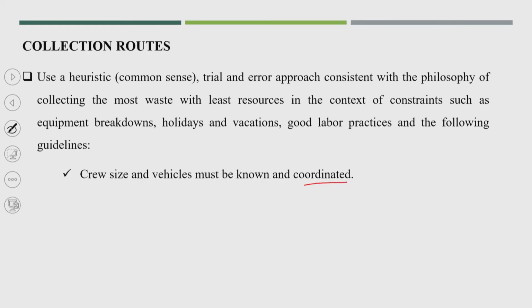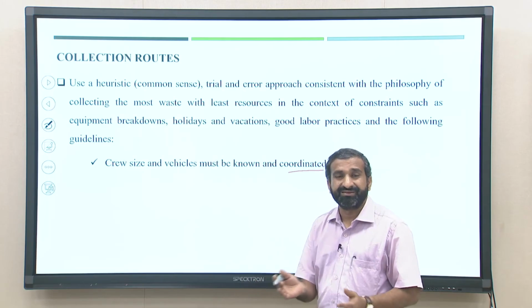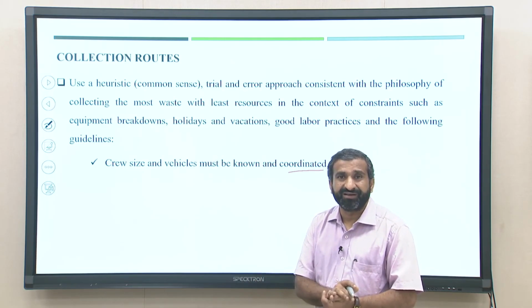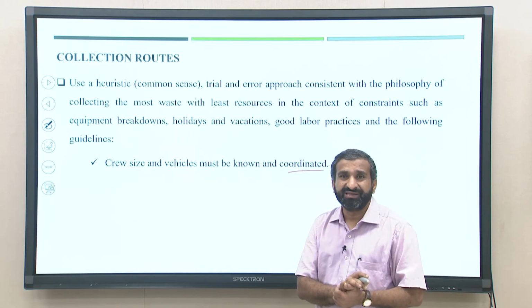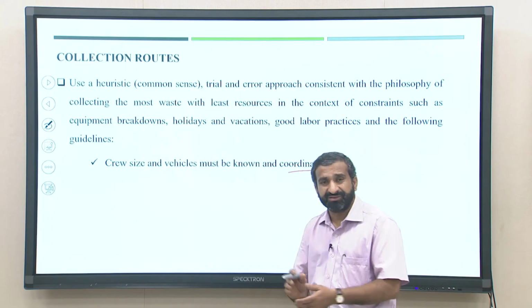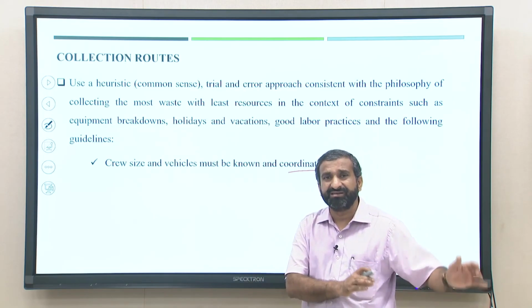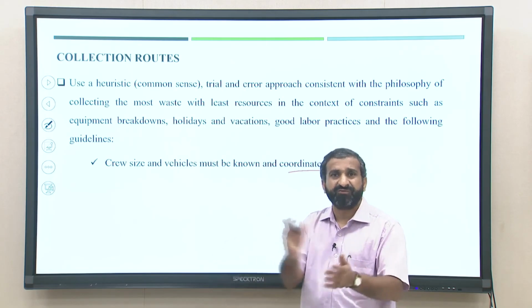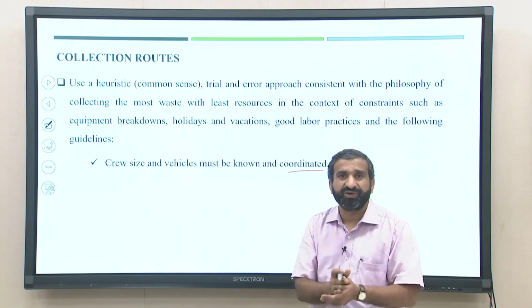Coordinated means if the vehicle has GPS facilities, anyone can locate where a particular vehicle is. Sometimes there is more traffic somewhere and the vehicle is going to that traffic area. So, from the office itself we can call the driver and ask them, do not go that way, we can change the location.